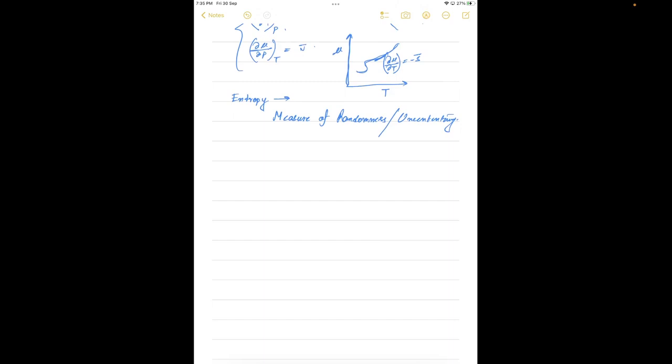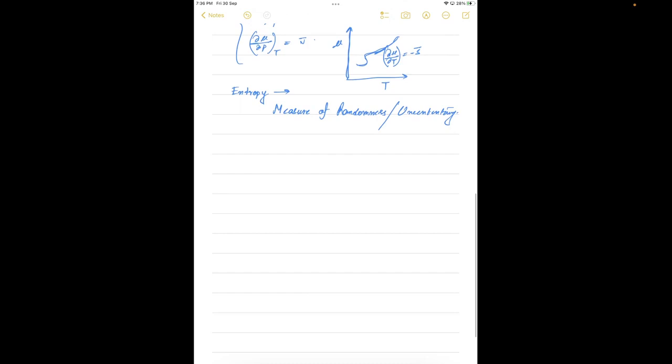If a system is more disordered or random, the entropy value of that system will be higher compared to an ordered system or ordered arrangement. So by the value of entropy, we can figure out how random or how disordered our system is.